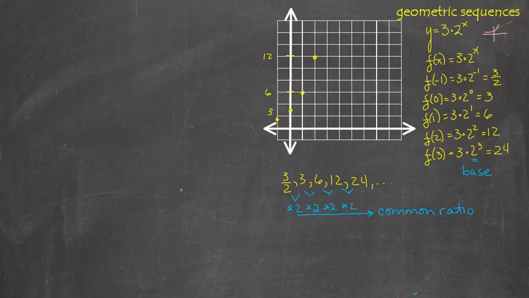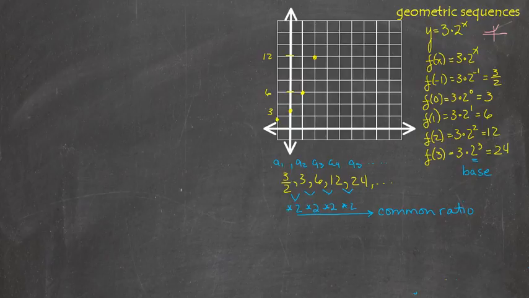Each of these values are still called terms, and they have the same label. The first term is the a sub 1, the a sub 2, the a sub 3, the a sub 4, the a sub 5, and on and on and on.